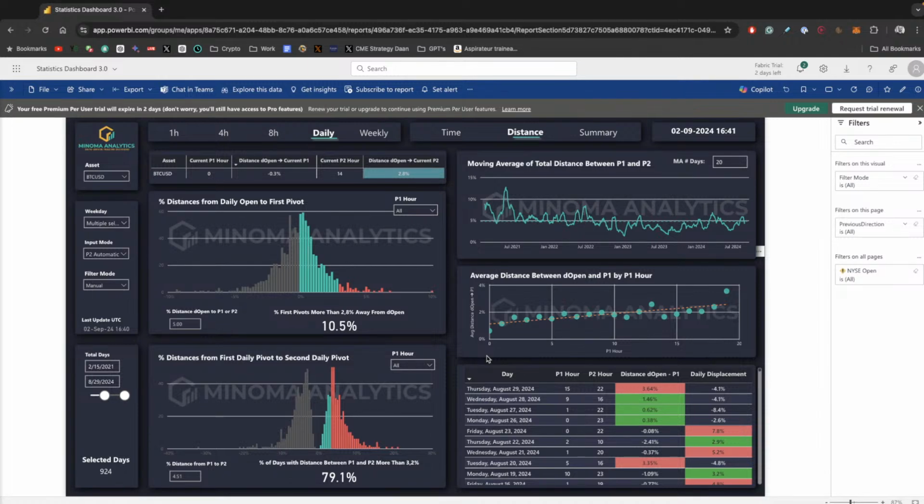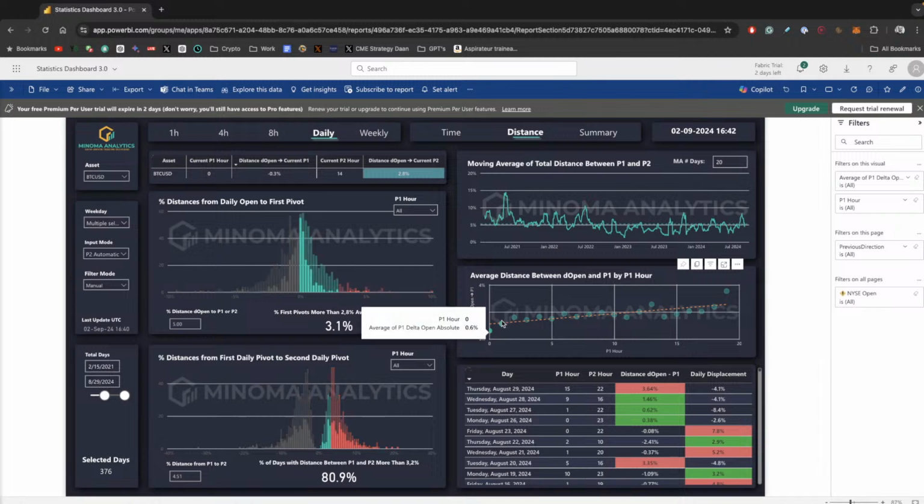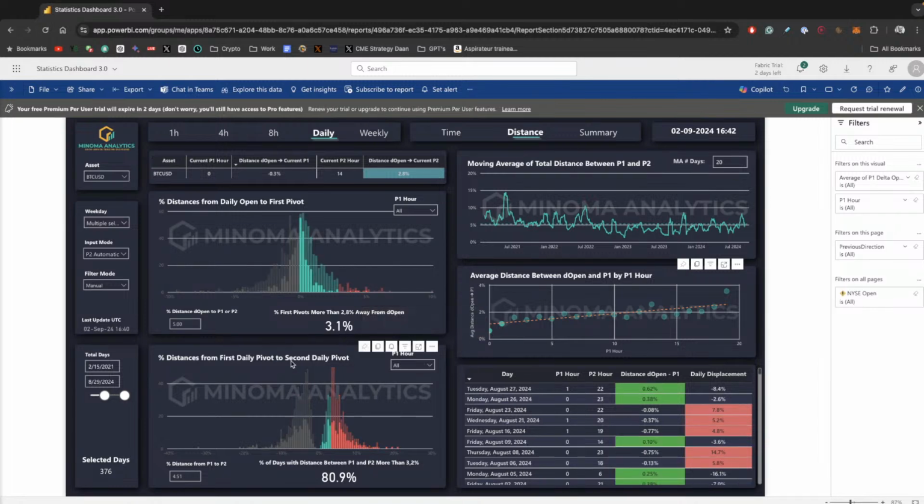That in and by itself is a very important data point. So if you remove this, you're removing the simple fact that most often we put in a P1 during hour 0 or 1. And yes, that is most often going to be closer to the daily open than P1.